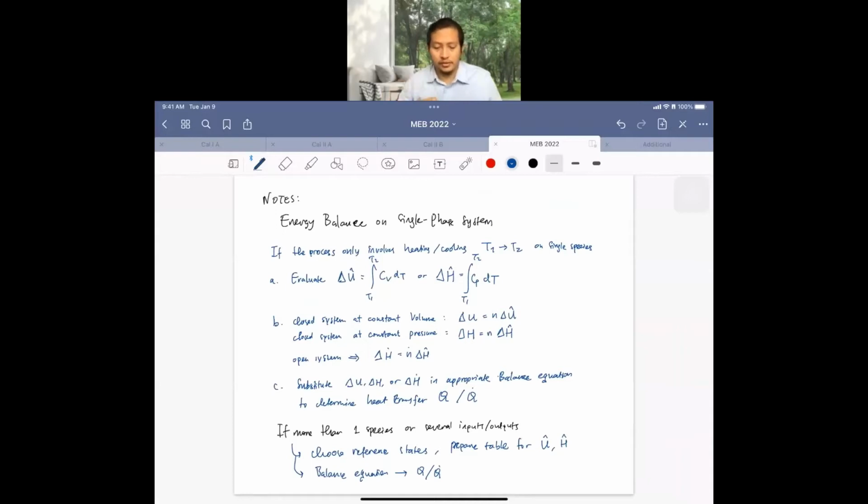And just to note that what we have in a single phase system, I think I would just go through an example to let you see more clearly what we do if we have this condition.